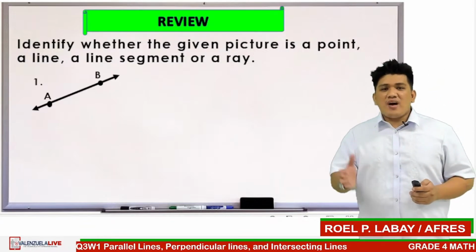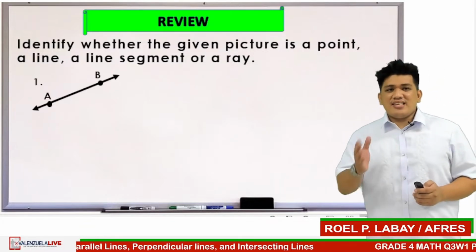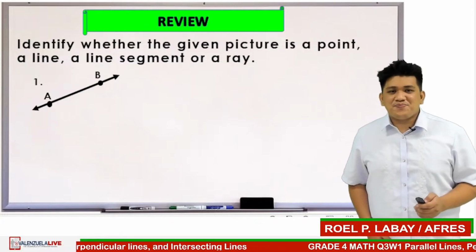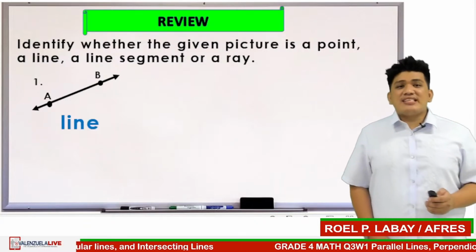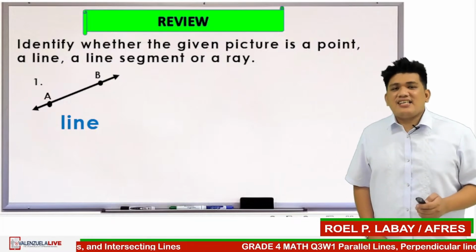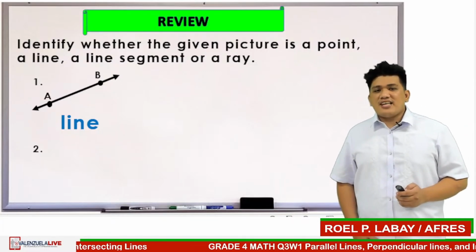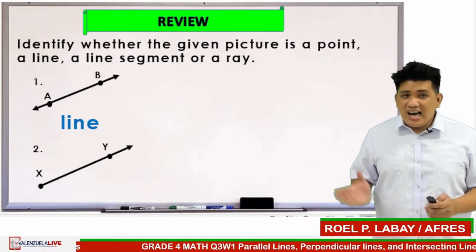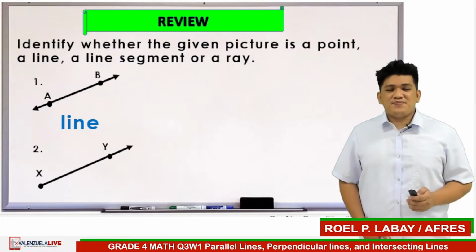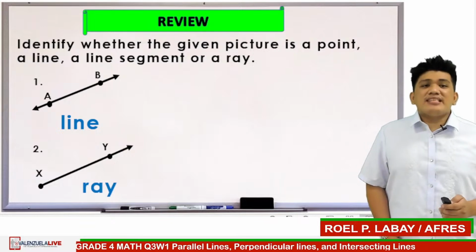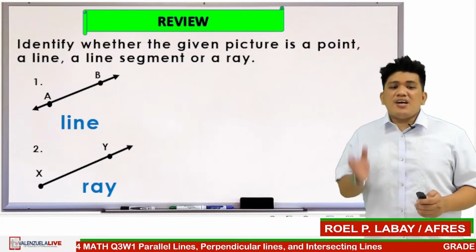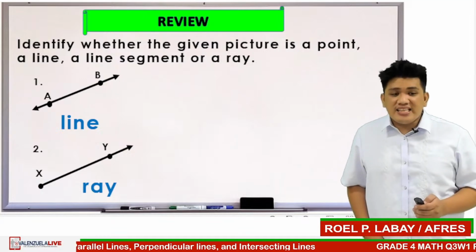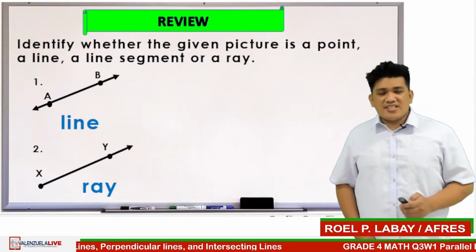Okay, so the first one is this figure. What is this? Is this a point, a line segment, or a ray? Very good. That is a line. How about this next figure? Is this a point, a line segment, or a ray? Very good. This is a ray because a ray has one endpoint and can be extended indefinitely in one direction.